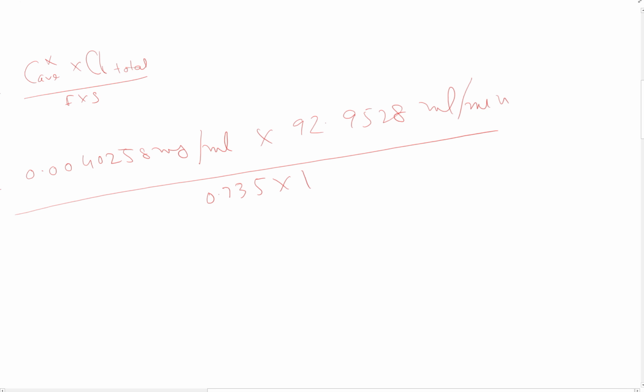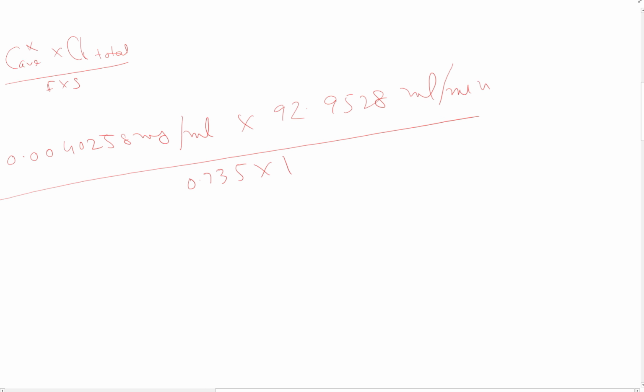This will give you a dosing rate, dose by tau, of 0.50913 milligram per minute.